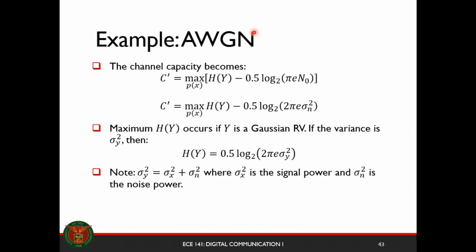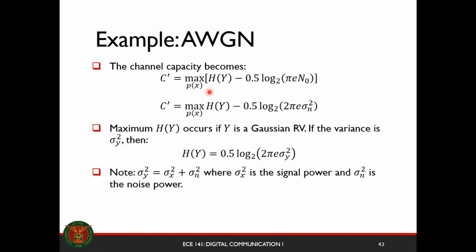So the channel capacity now becomes: what probability of X will maximize this expression? This will be maximized if h of Y is maximized. The noise term won't matter here. h of Y will be maximized if Y is again Gaussian.